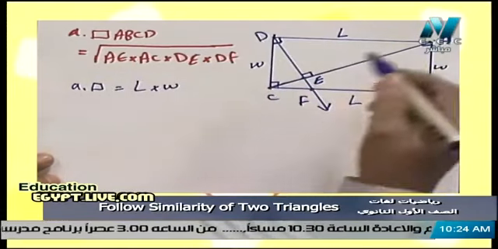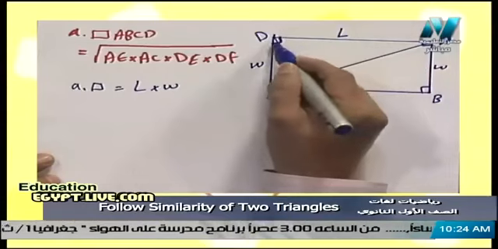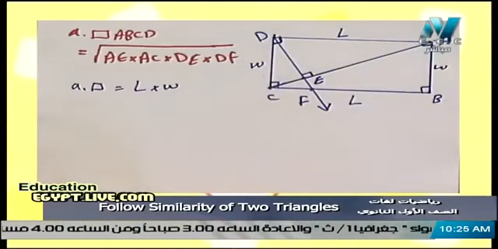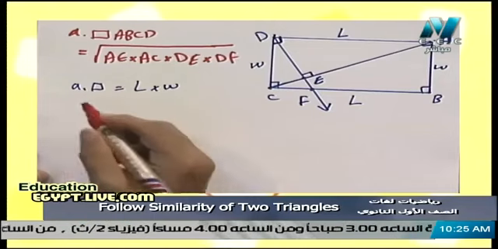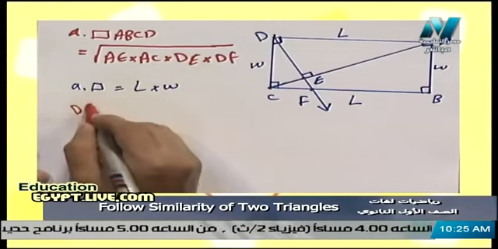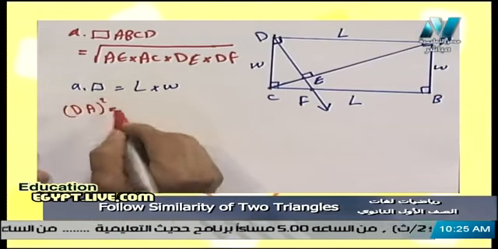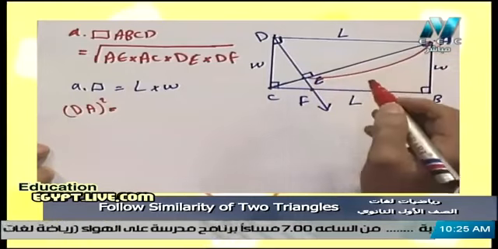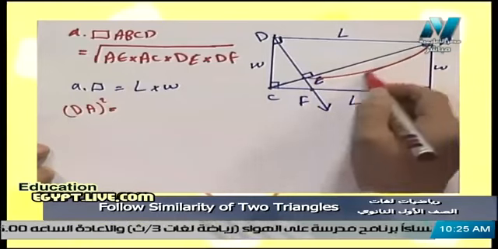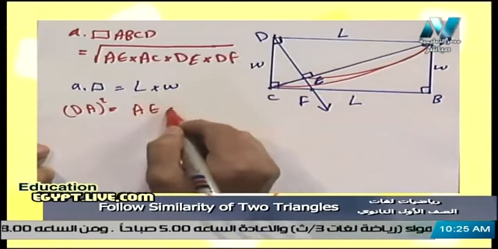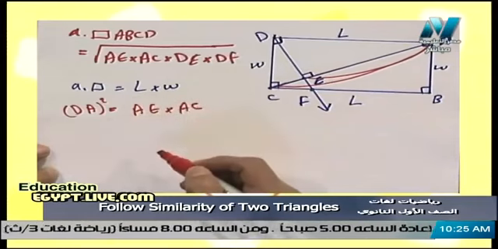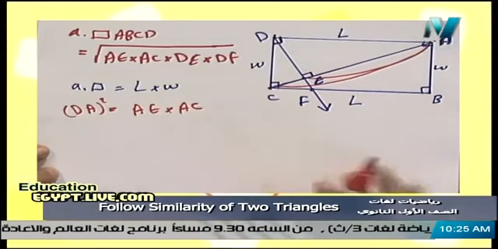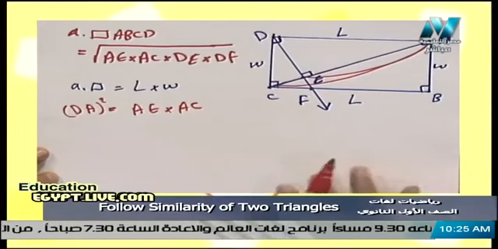So in triangle ADC, D is a right angle and DE is perpendicular, so we can easily say that DA power 2 equals AE multiplied by AC, from the Euclidean theorem or from similarity, which we have already done.